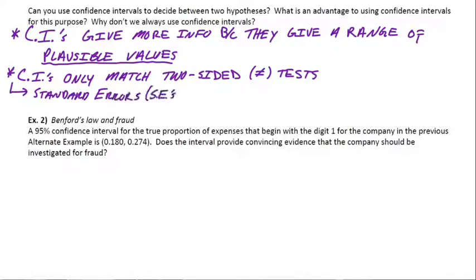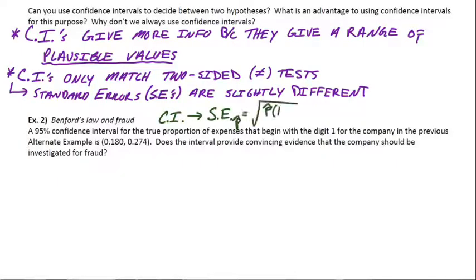And then what's kind of the difference? Why don't we always use confidence intervals instead of just hypothesis testing? Well, the standard errors are slightly different, right? That square root thing with the p's underneath it. So for confidence intervals, if you remember, they just took some sample data, p hat, and they used it to build an interval. So the standard error of p hat, the square root used just p hats.